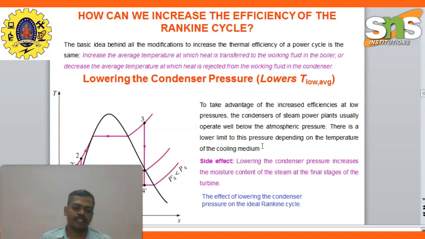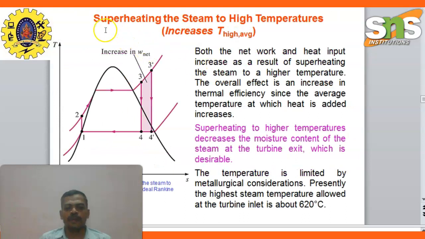The side effect: lowering the condenser pressure increases the moisture content of the steam at the final stage of the turbine. This is the effect of lower condenser pressure on the ideal Rankine cycle. Next, superheating the steam to high temperatures, increasing the average high temperature.